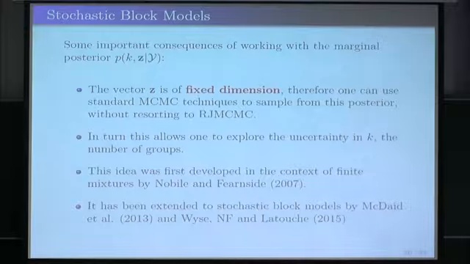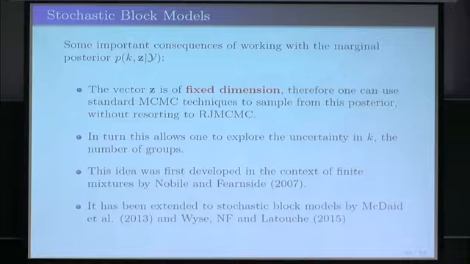Okay, so one of the important consequences of working with a marginal posterior like so is that the vector z is of fixed dimension. And this means that we can explore the number of groups without using transdimensional reversible jump algorithms.